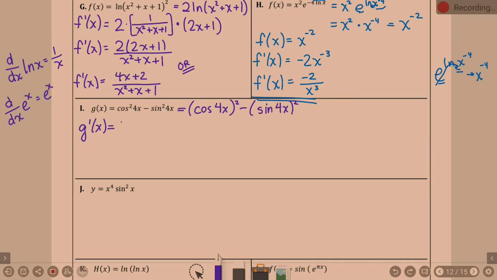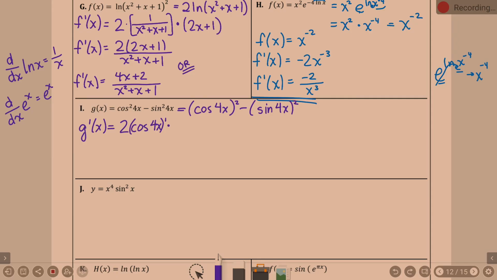Chain rule. We all of a sudden just went kaput. What's the outside power? Or the outside function? So how do you do the derivative of something raised to the second? 2 cosine 4x, raised to the first, technically, yes, times negative 4 sine x.